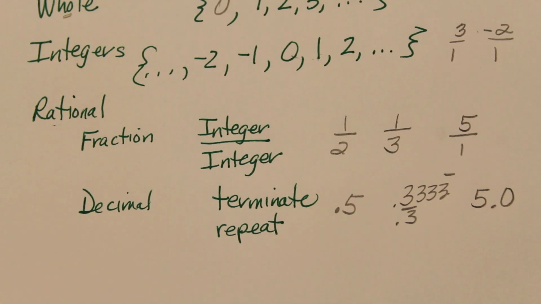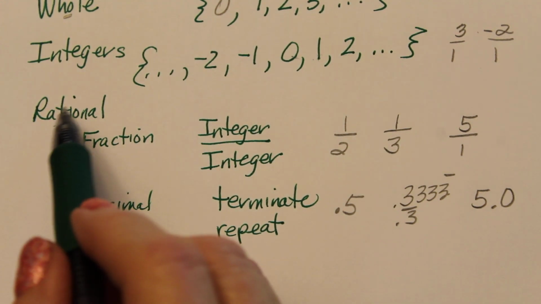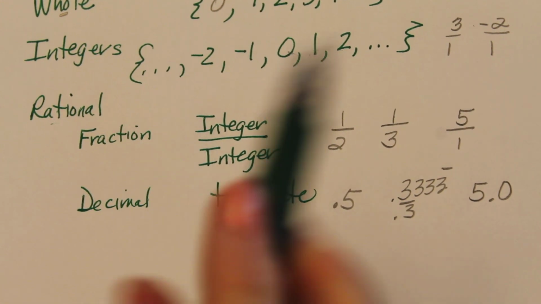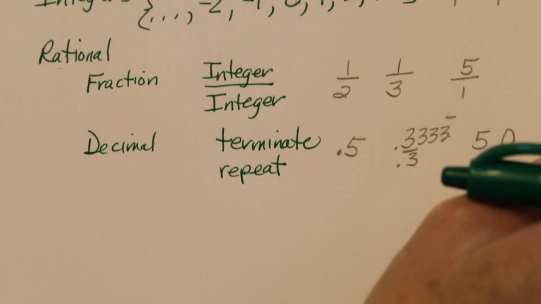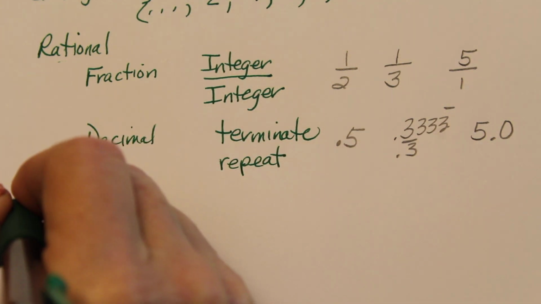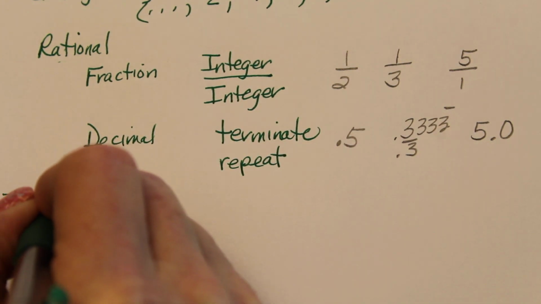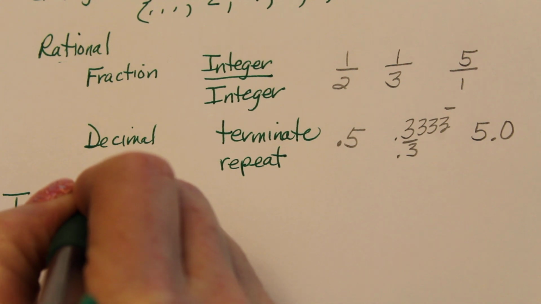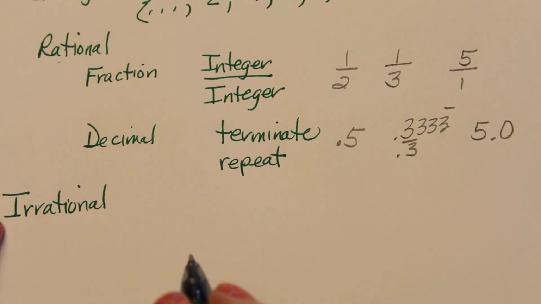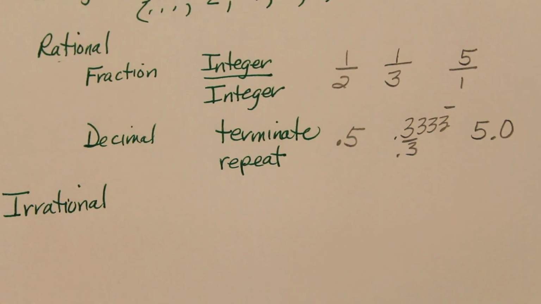Now, a number is either going to be rational or irrational. They're mutually exclusive. Either a number is rational or it's irrational. It's rational or it's not. An irrational expression is one that, if it's a fraction, cannot be represented as an integer over an integer. Or more likely, we're going to see it as a decimal.